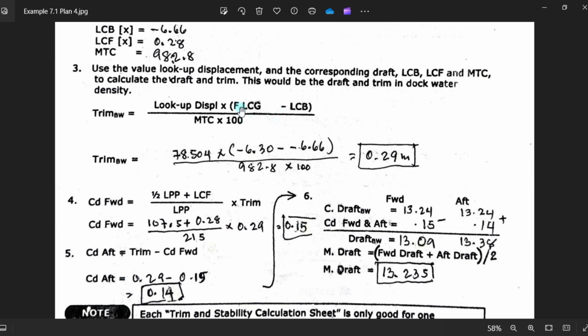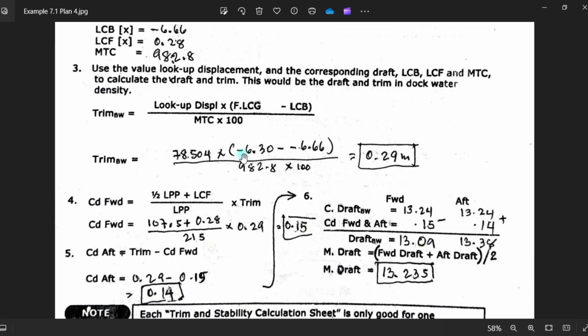And vice versa, if your LCB is behind LCG, then you are trimmed by the forward, or by the head. But in this case, the final LCG is behind LCB, so that will be trimmed by the stern.